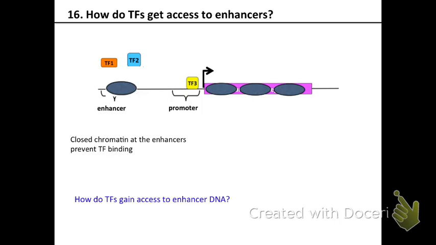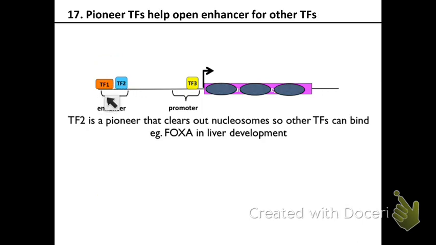But if in a certain tissue you have a pioneer factor such as TF2 binding to this nucleosomal DNA and removing that nucleosome, allowing the binding of other transcription factors, these transcription factors can now start activating the transcription of this gene. This is an important mechanism especially in development. For example, a very famous pioneer factor is called FOXA. It opens up the enhancers in cells to promote their development into liver cells.